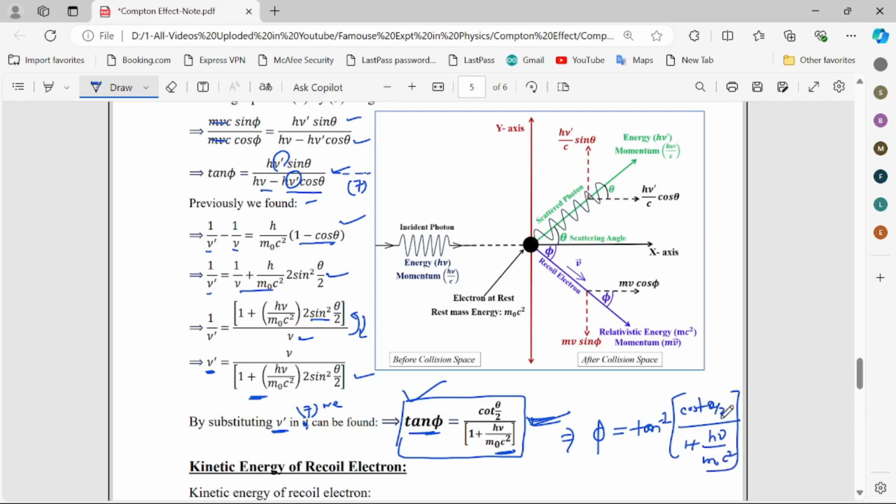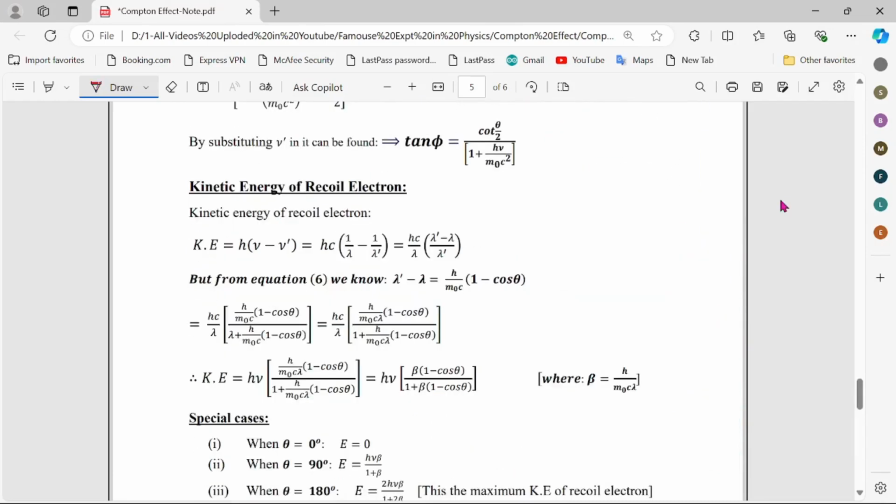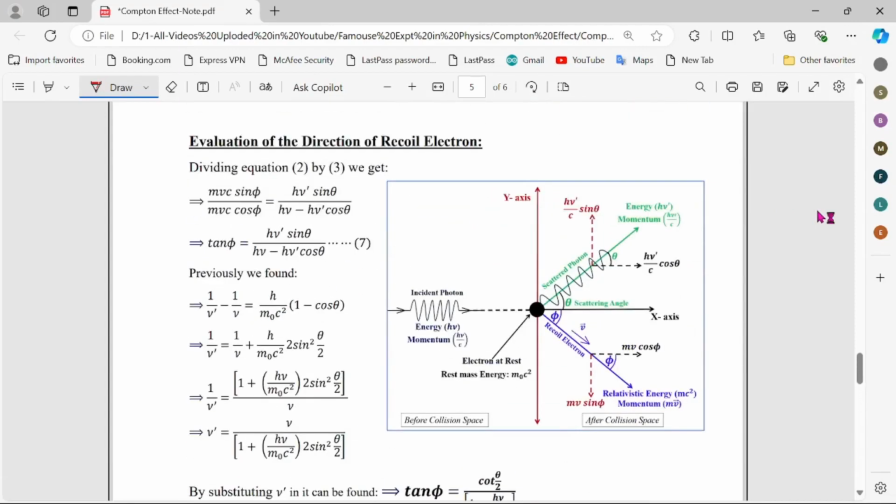Okay, then we are going to go for the kinetic energy of the recoil electron. Here the kinetic energy of the recoil electron will be h into mu minus mu dash. How is it so? From the figure, we can see that h mu is the energy of the incident photon, and h mu dash is the energy of the scattered photon.